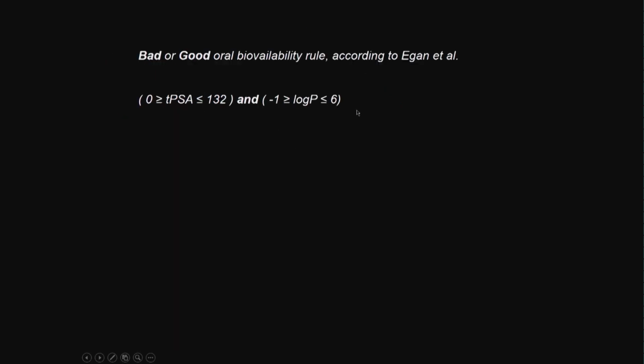Log P between -1 and less than 6. So you see this is another rule which tells you what should be a good descriptor or parameters for a molecule to have good oral bioavailability and drug likeness property.